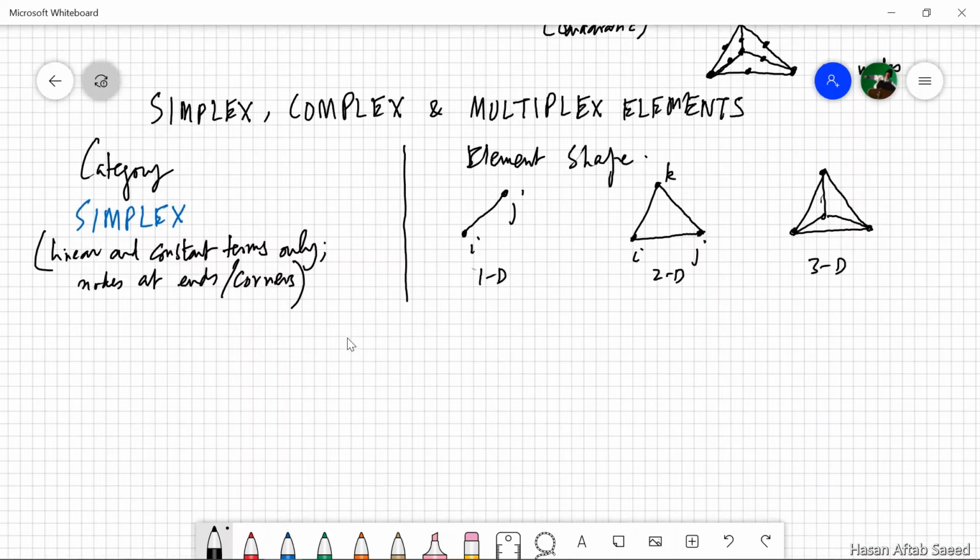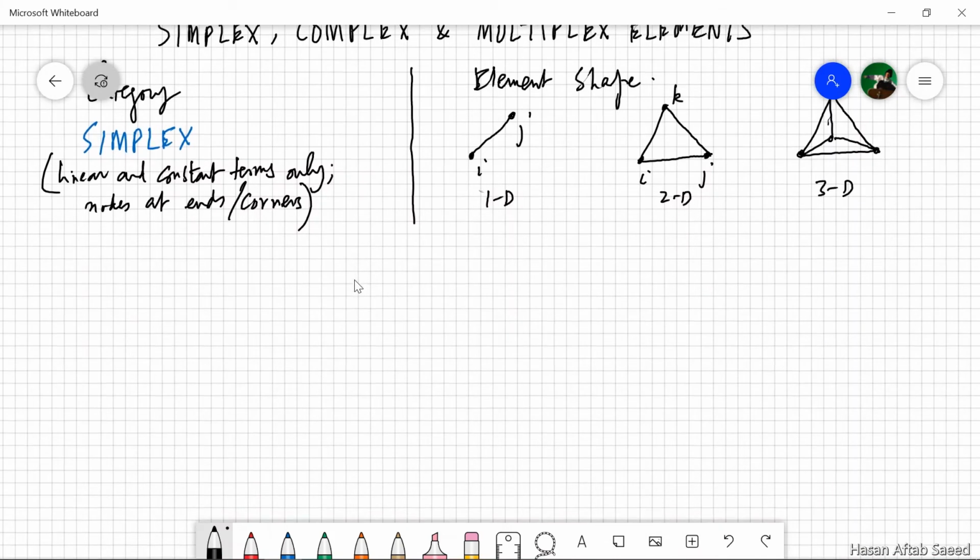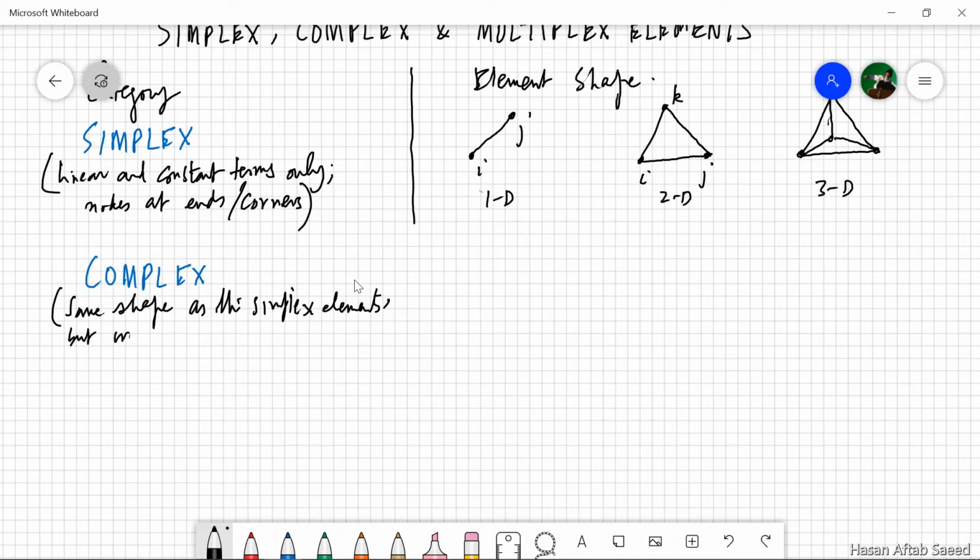Now we come to second category, that is complex elements. Complex elements have the same shape as the simplex elements, but with higher order terms.